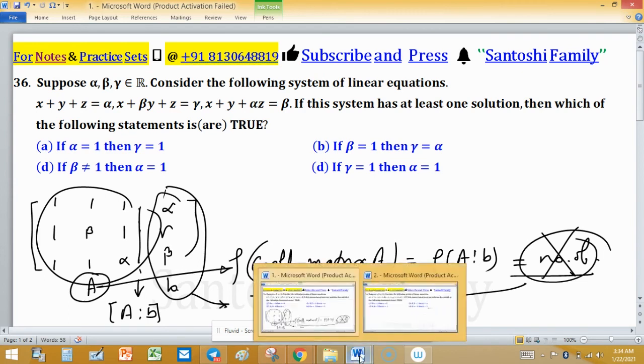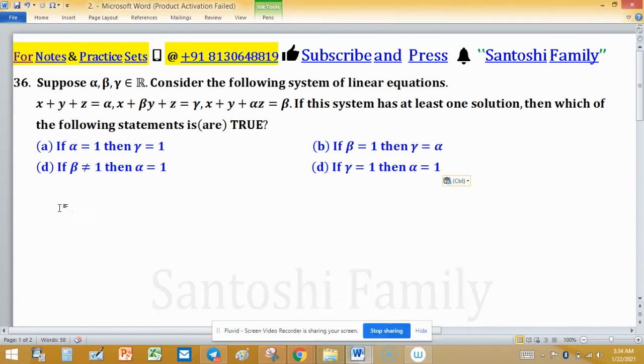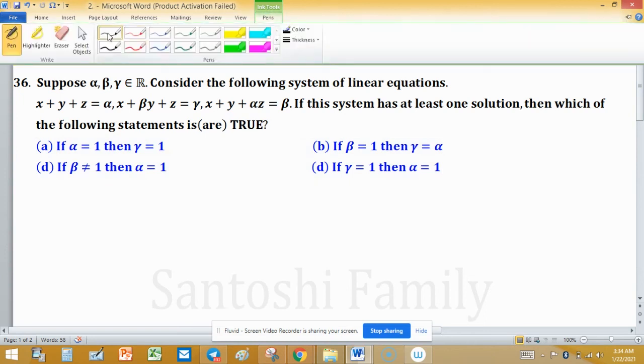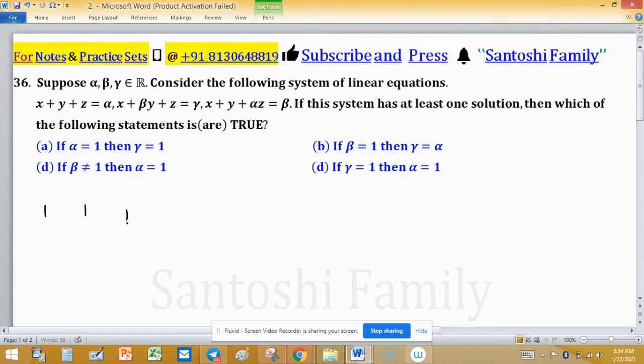So reduce this matrix to find the solution. I write again: 1 1 1 alpha, 1 beta 1 gamma, and the matrix is 1 1 alpha beta. Apply elementary row operations to reduce this system.